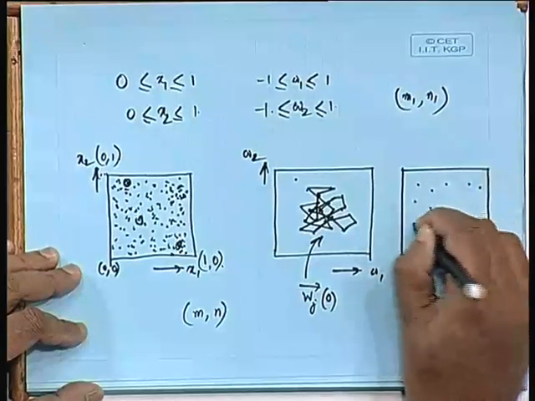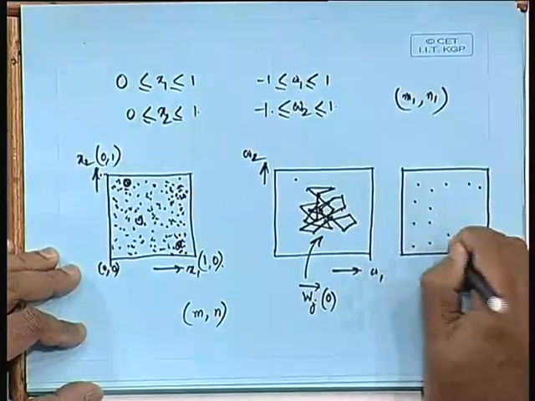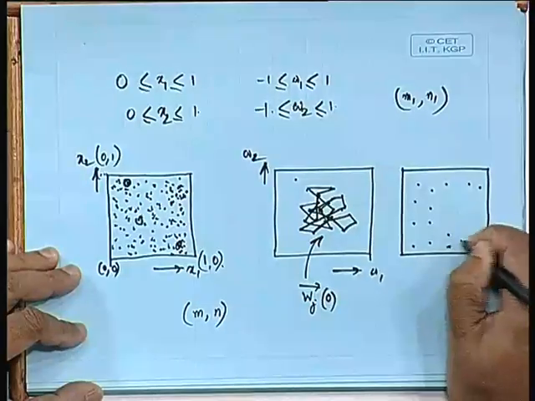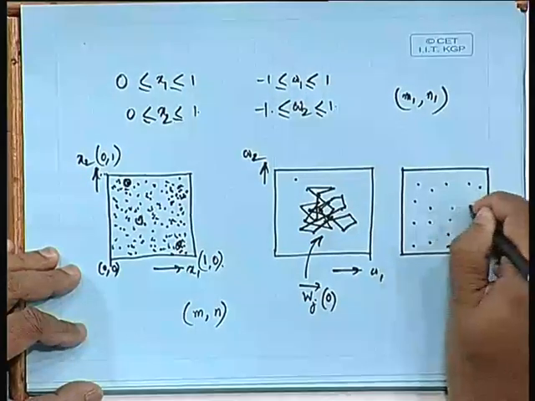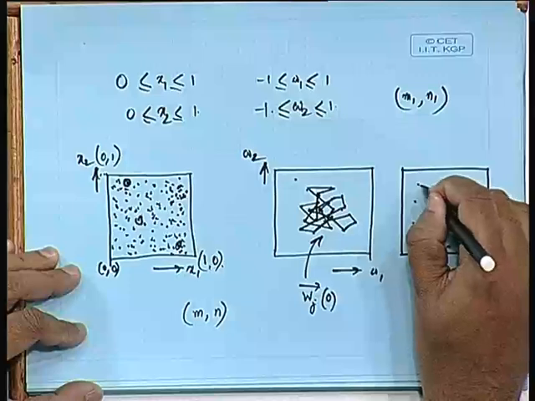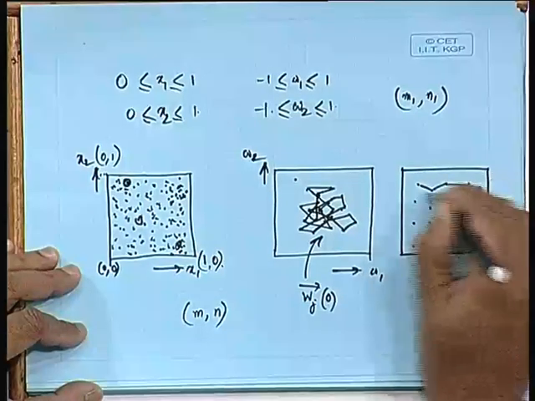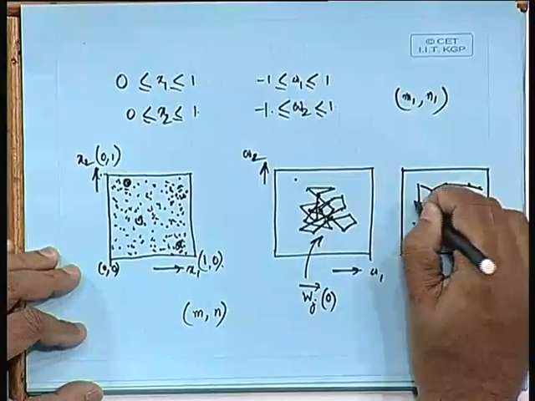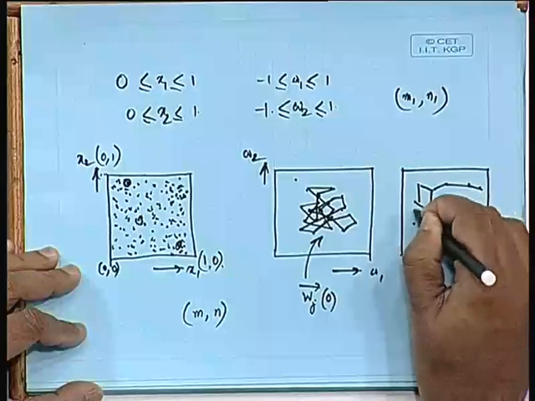Had it been absolutely uniform, perhaps we would have expected the grid to look absolutely uniform, but now the grid may be looking something like this.